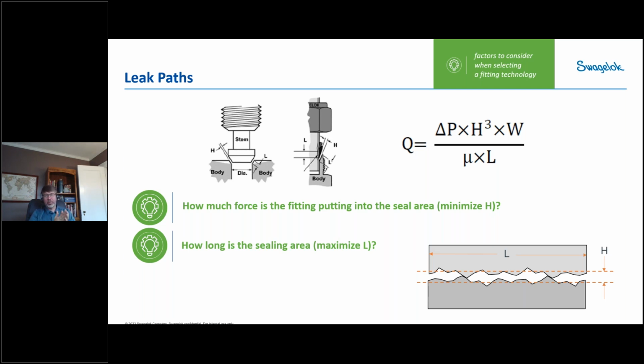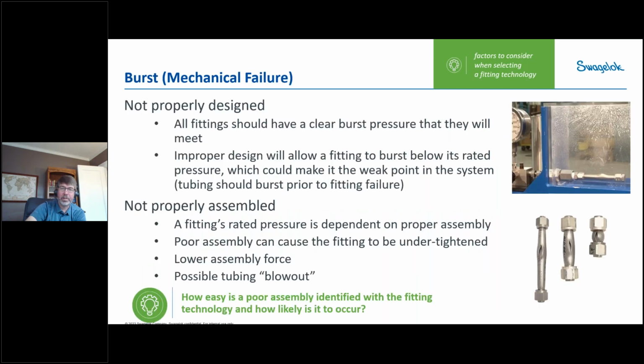So we want to increase the length as well. So I'm showing that in the bottom picture. Also, the longer the length of the seal, the less of a leak path we'll have within that, because there's more chances for that seal to occur. So a good fitting technology, again, is going to have minimal height, so stronger seal force, and it's going to have a longer seal length. So when you look at different fitting technologies, you want to keep those in mind.